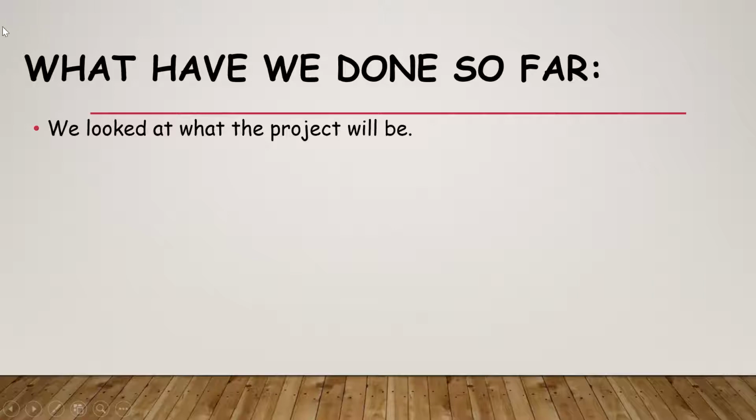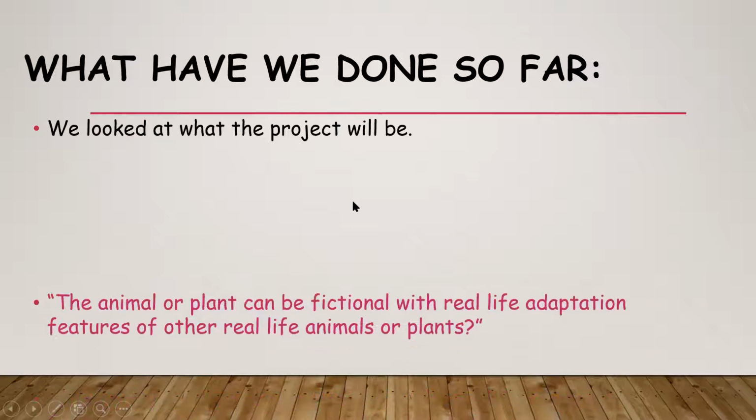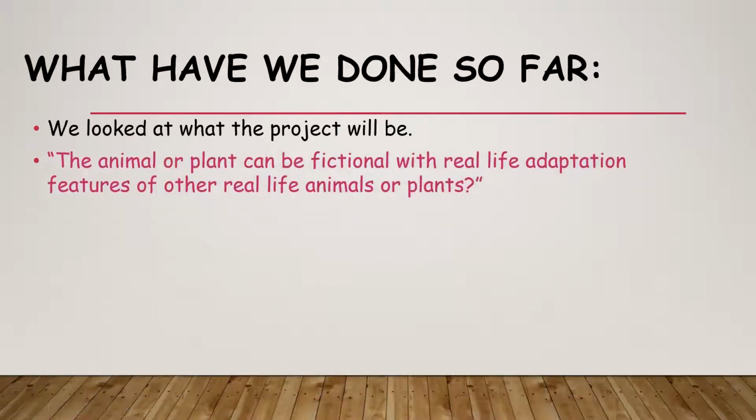And the parent responded back with this quote, so I hope it's okay that I use this. She said, "Oh, you mean the animal or plant can be fictional, which means made up, with real life adaptation features of other real life animals or plants?" And I thought, wow, yes, that's exactly what it is. That's exactly what we're doing.